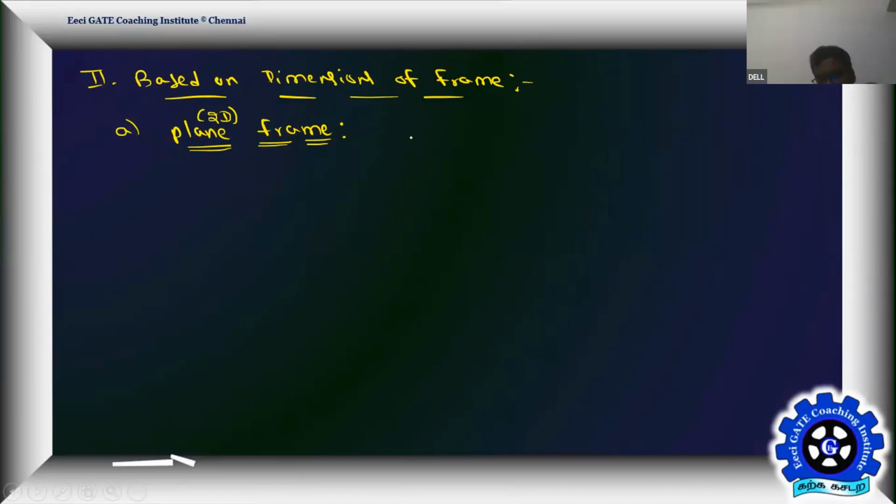So for example, you look at this kind of structure. Look at the X and Y axes here. This is the X axis. Can you see a third dimension here? Are you able to see the third dimension? No. Yes or no?